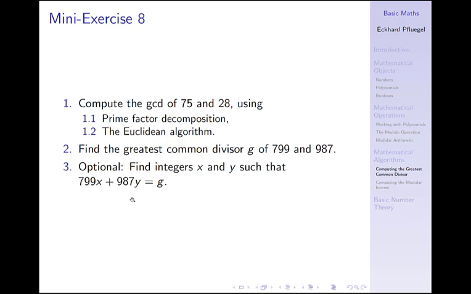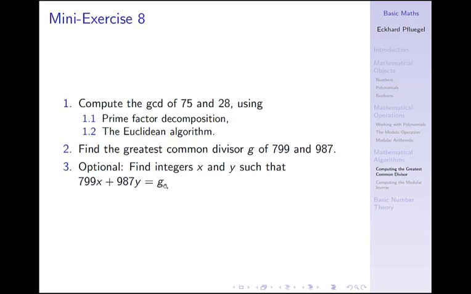The second exercise would be to still practice the Euclidean algorithm for the GCD, with input 799 and 987. These are awkward numbers, but if you use the Euclidean algorithm, it should be relatively quick. And as a bonus exercise, you could try the optional task to find integers x and y, so that this linear combination of the input numbers 799 and 987, times x and times y, equals the GCD that you have just computed.